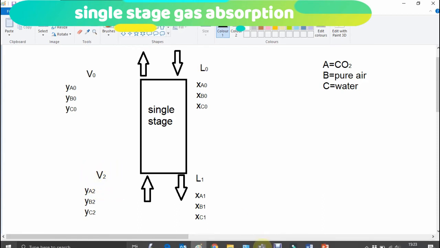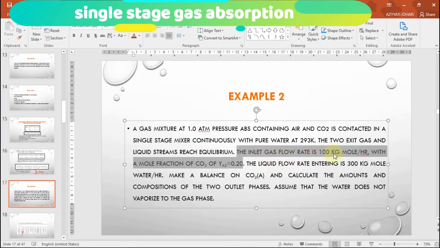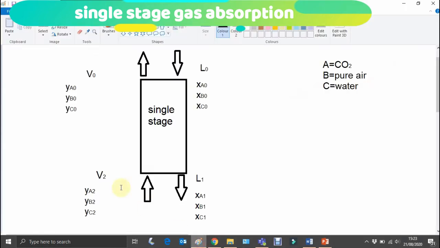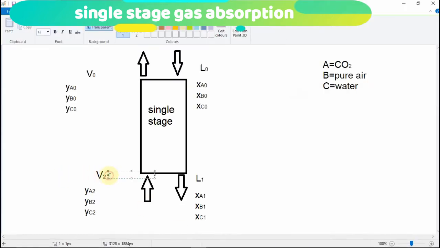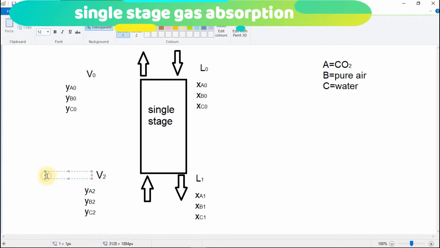So the question gives you the value for V2. Inlet gas flow rate is 100 kmol per hour. So you write down here 100 kmol per hour. This is the value for V2.